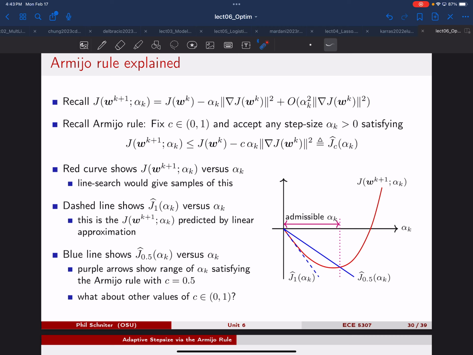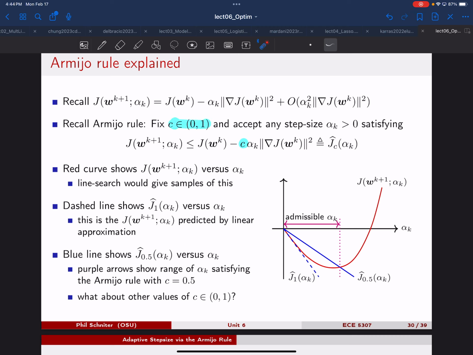So what then happens if you stick in this number c? Well, it takes that dashed line, which has some slope, and it multiplies that slope by c, where c is a number between 0 and 1.